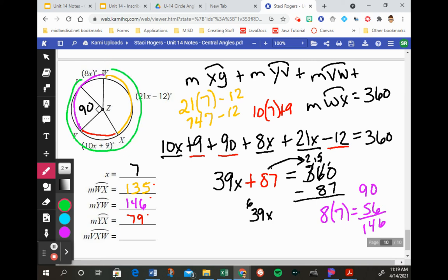So I'm just going to take away 56 from 360. So 360 minus 56 is 304. Do you see how I just took away instead of added everything? Because this wedge is being taken away.